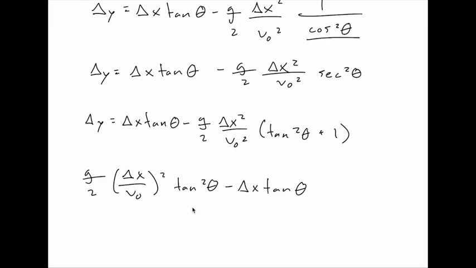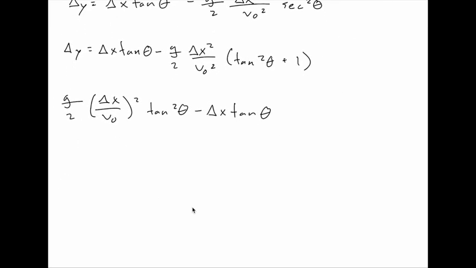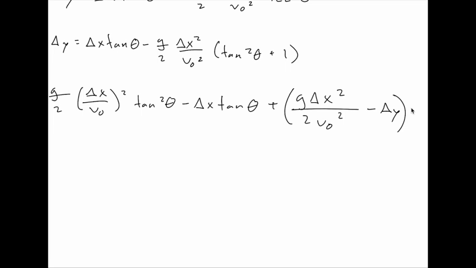Let me pull that back a little bit. Plus g delta x squared over 2 V naught squared minus delta y equals 0.